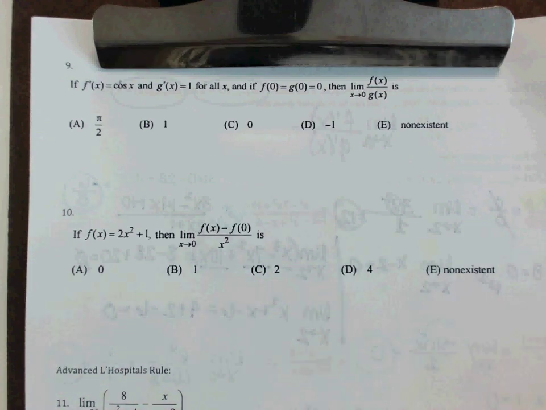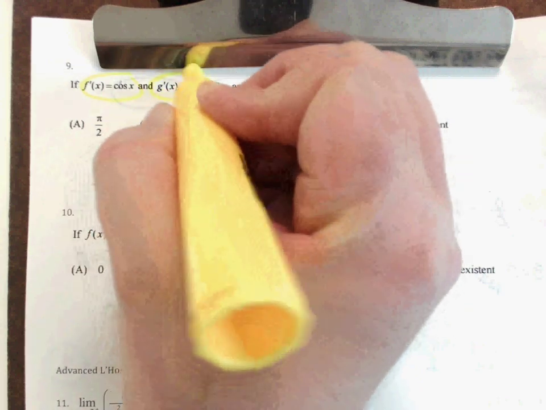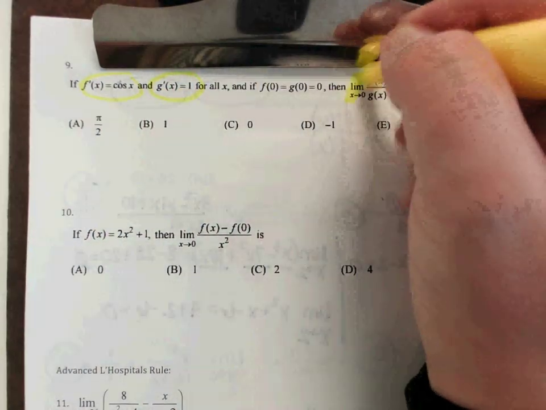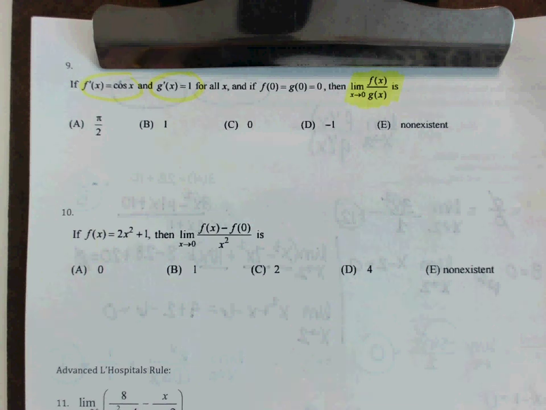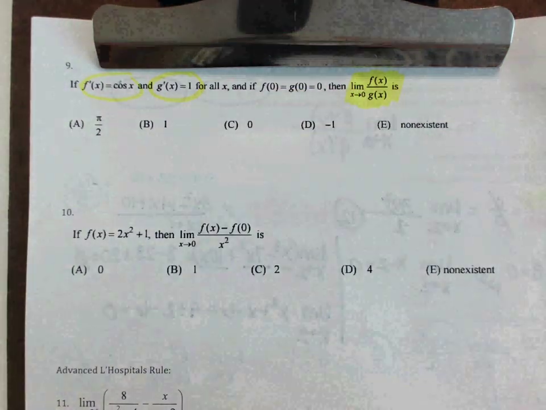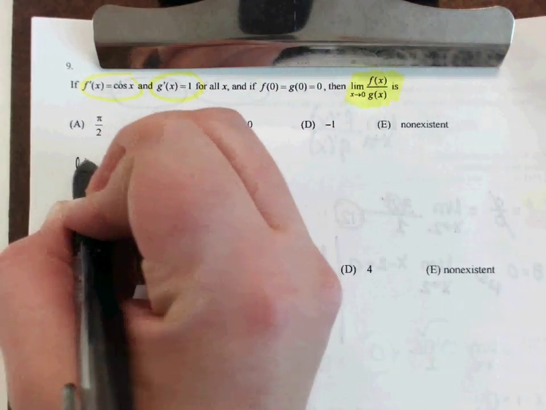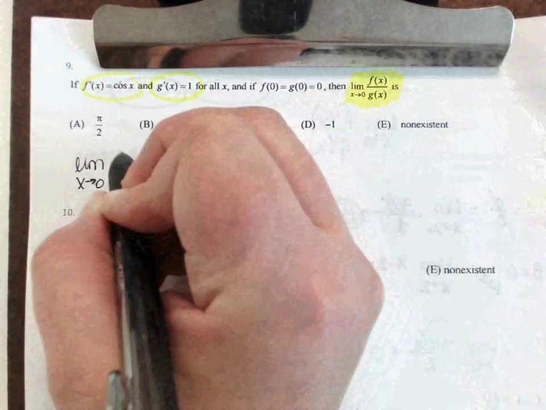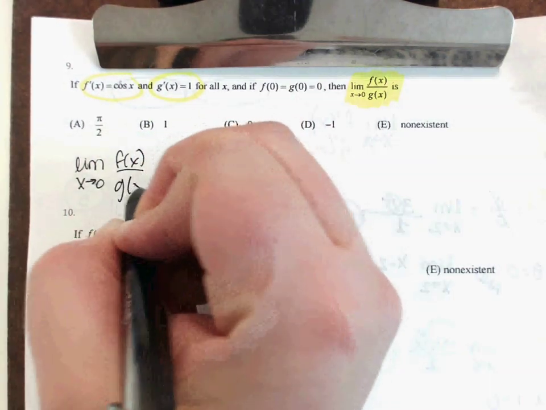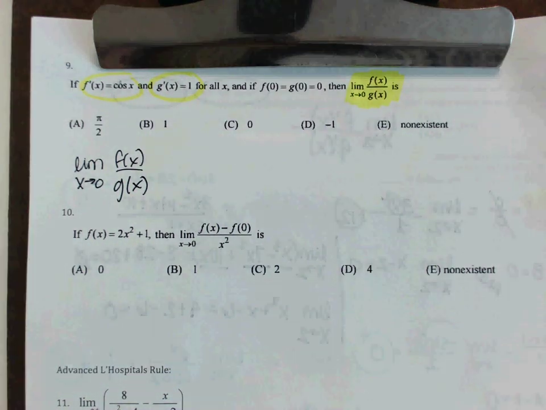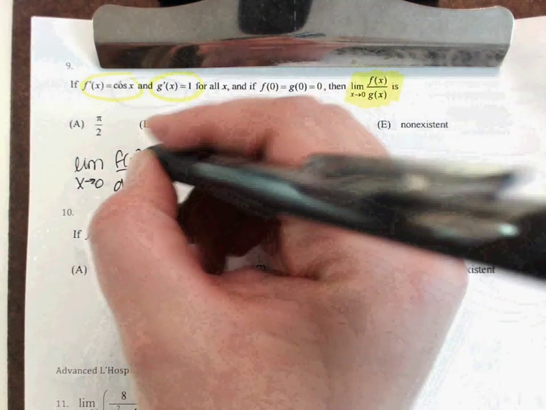Okay, it tells me that f prime is cosine, g prime is 1, and then you're asked to find the limit as x approaches 0 of f of x over g of x. So the first thing I would do is plug in 0 on top and on bottom.